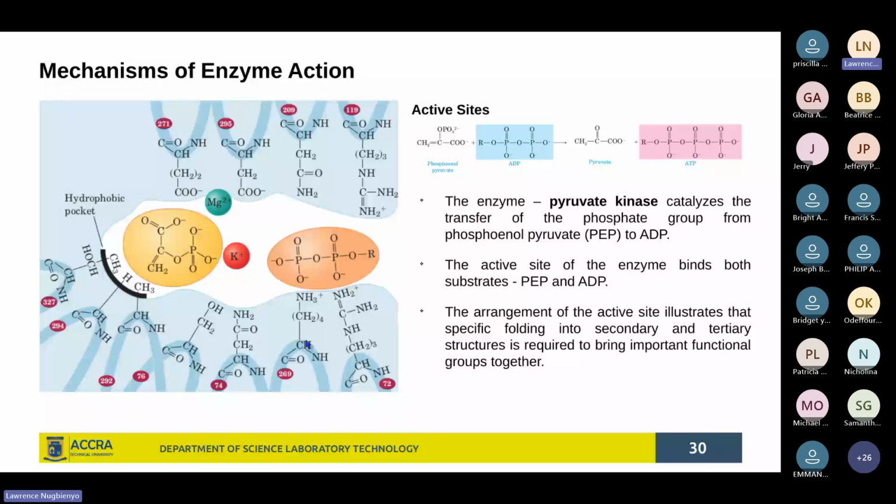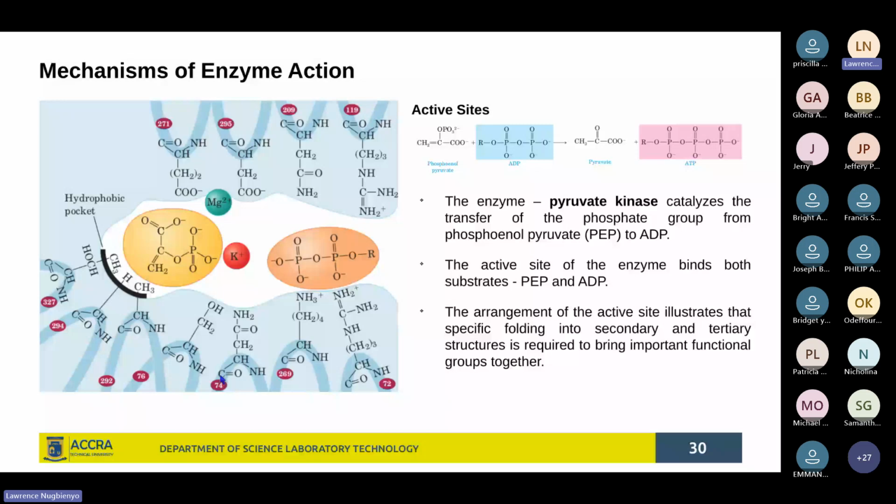They are only showing that this amino acid is at the 275th position. This is at 295th, 209, 119. This is at 72, 269. So there will be that folding, because one amino acid is not simply following the other.